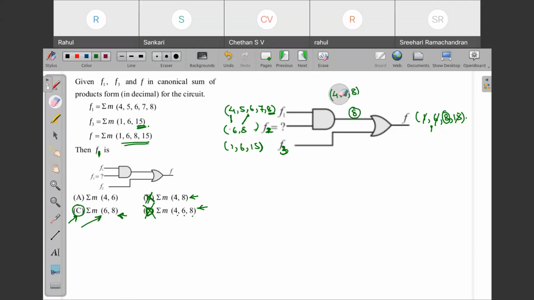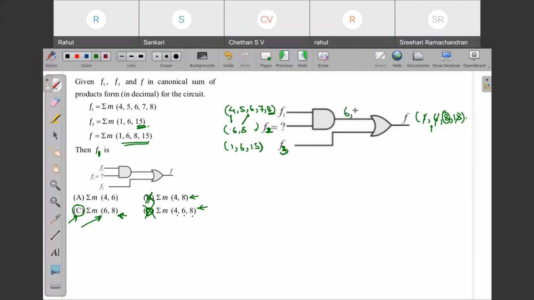So the output will be what? 6 is present over here also. So F1 is 4, 5, 6, 7. So even if we take 6, 8, 6, 8 will be wrong because 6 will also come.